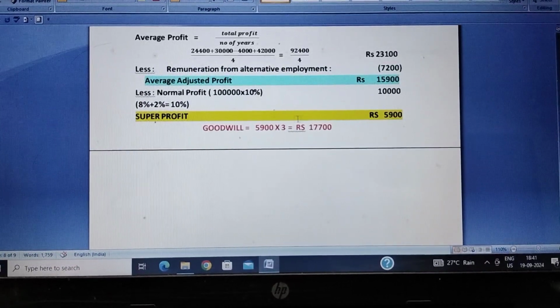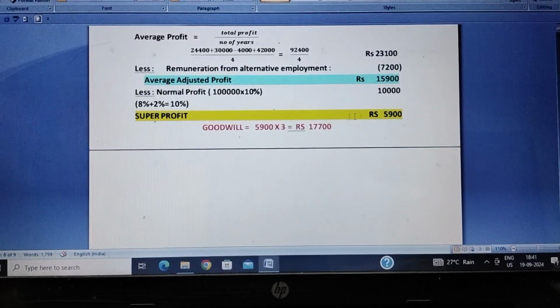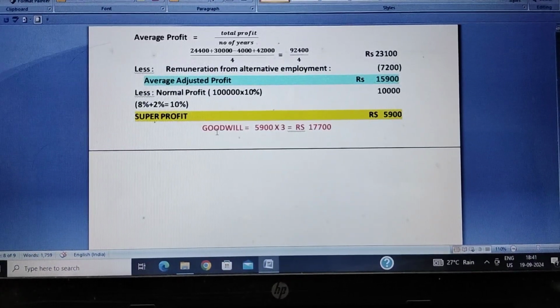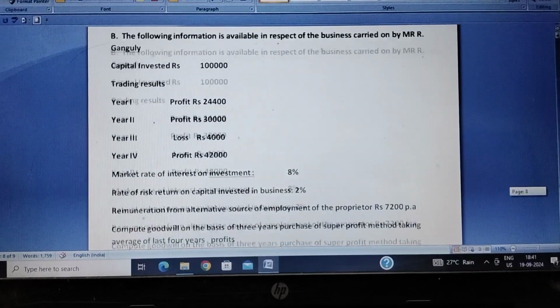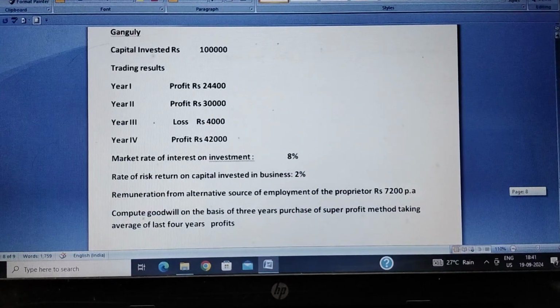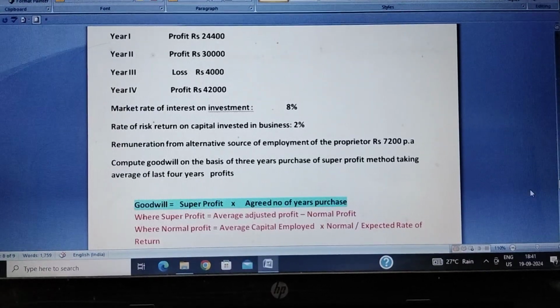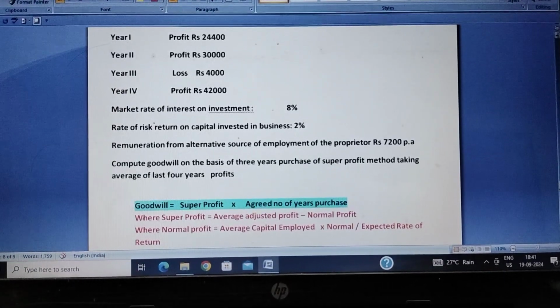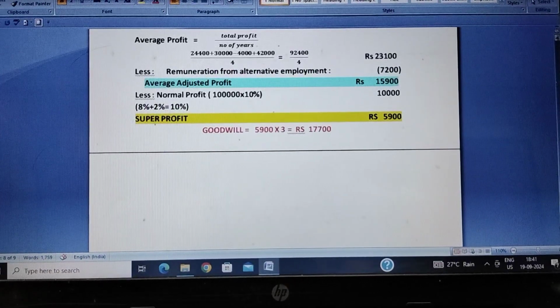And this is not goodwill, this is super profit. Goodwill is super profit into the agreed number of years purchase. The agreed number of years purchase is 3 years here also. So if you multiply super profit by 3, you will get 17,700.